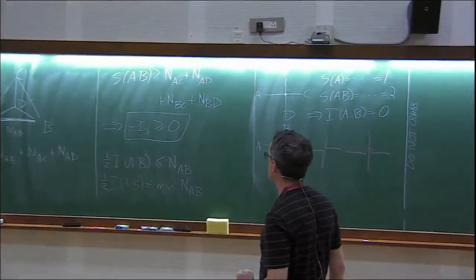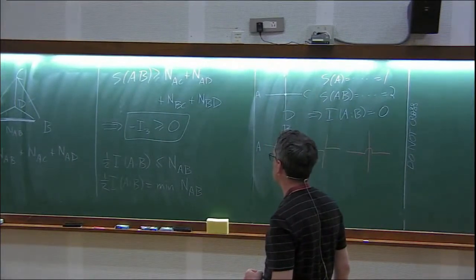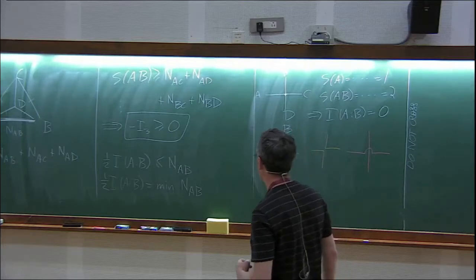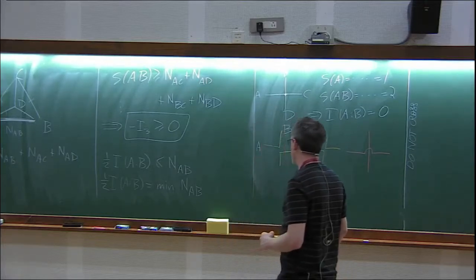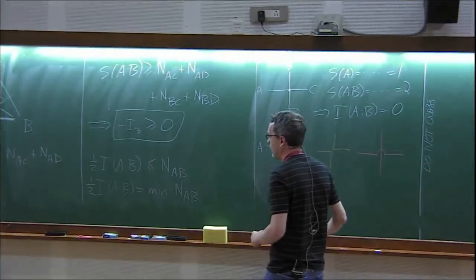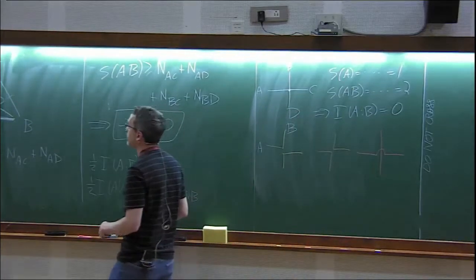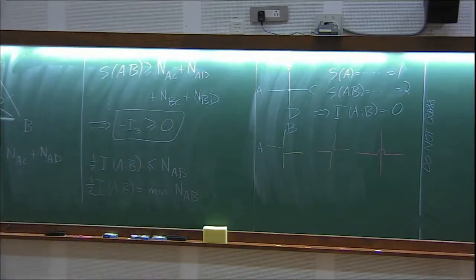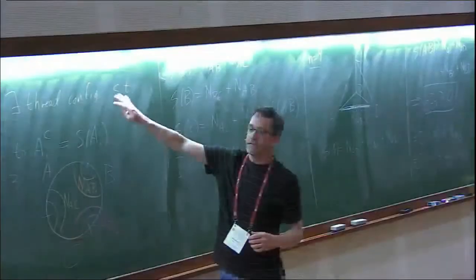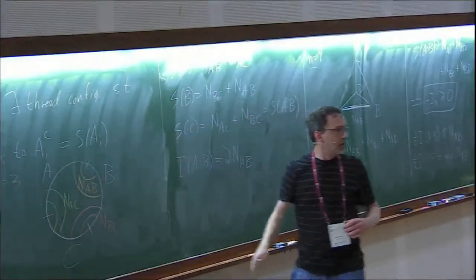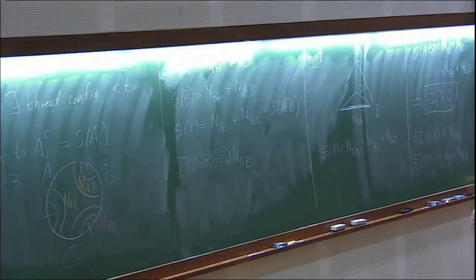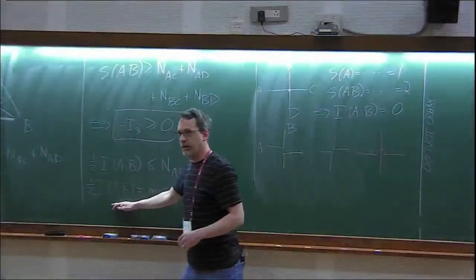Then are you just saying the minimum number? Why is it equal to the minimum number? What I meant here is look at all of the thread configurations which are of this form. The minimum among those of NAB is 1/2 the mutual information.